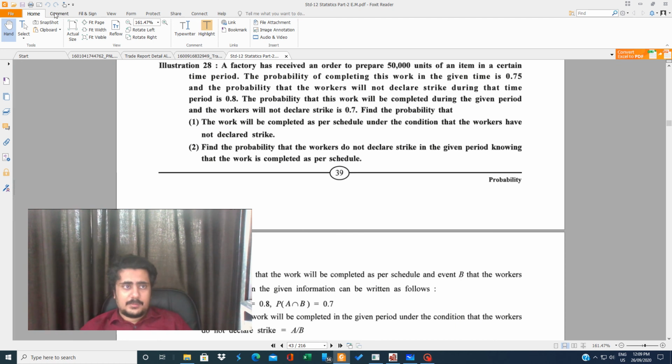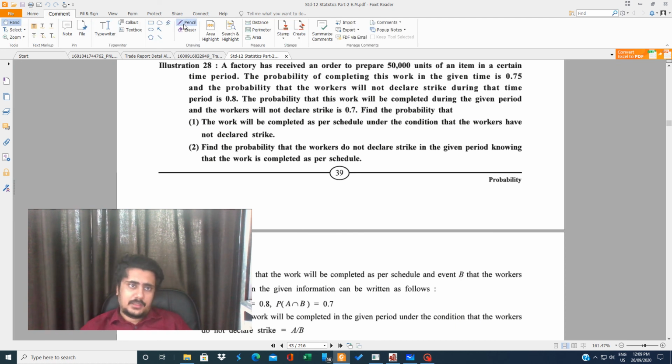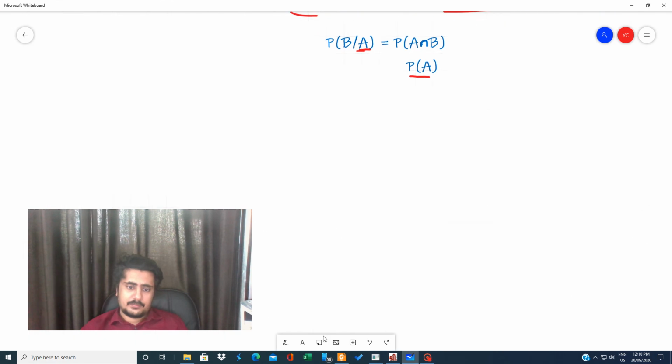Let us make the events first. In this question, a factory has received order. The probability of completing work in time, this is event A. The probability of event A is 0.75.